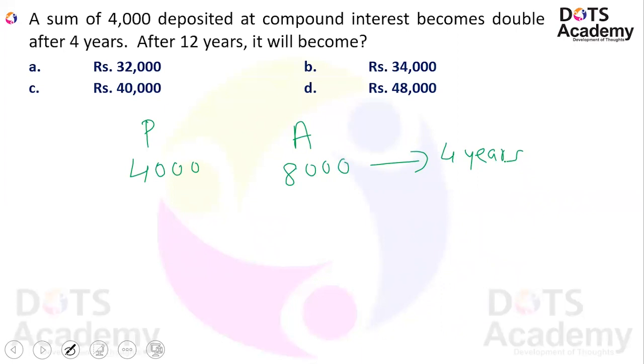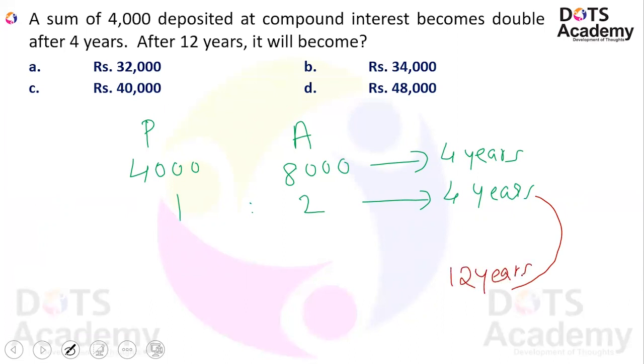Or we can take the ratio of principal to amount as 1:2 in 4 years. Our question is, what will be the amount after 12 years? After 12 years, that is 4,000 becomes what amount after 12 years? We know 4 into 3 is equal to 12.